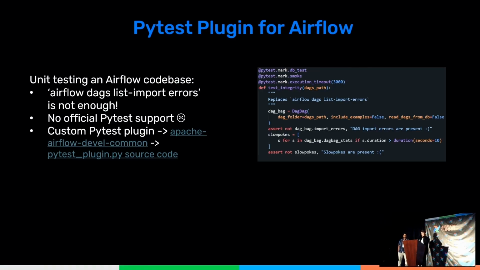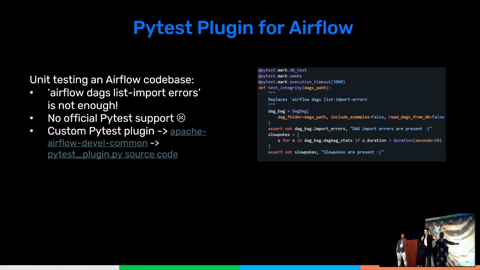Anyone who has contributed to Airflow before may be familiar with the Breeze tool. Long story short, I ripped that thing apart and put it in our code base. Now we are running our smoke checks as well as pretty complicated unit tests across the board in our code base.